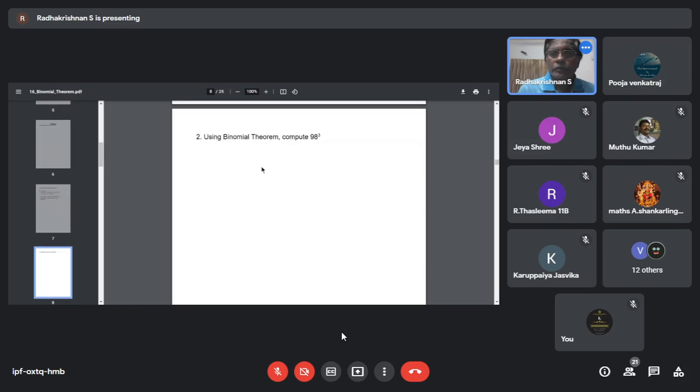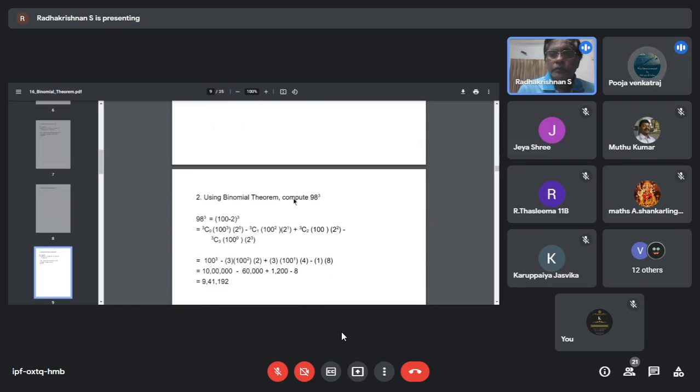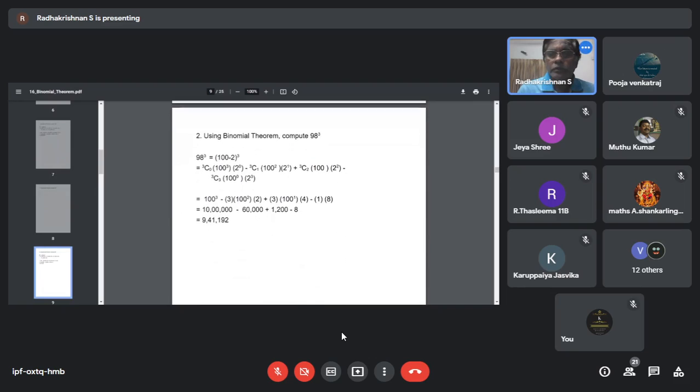So it is showing the steps for the calculation. I think this is what you would have done, all of you, right? 98 cube can be written as 100 minus 2, the whole cube.